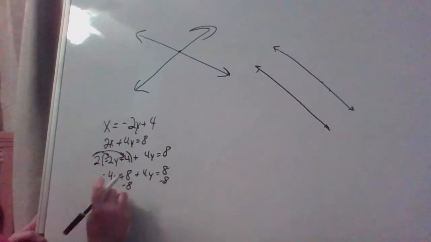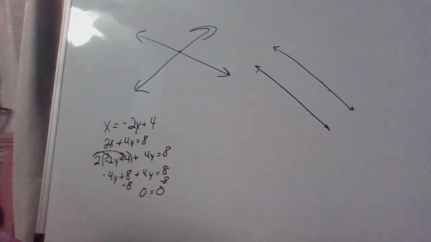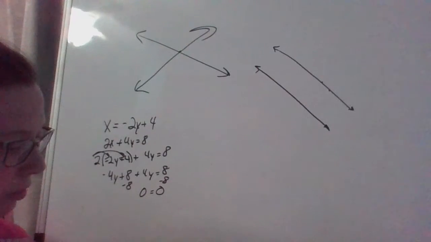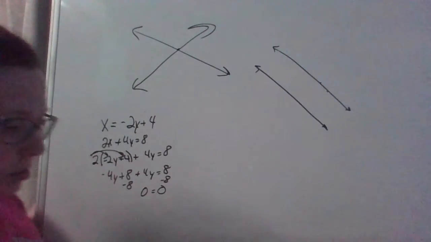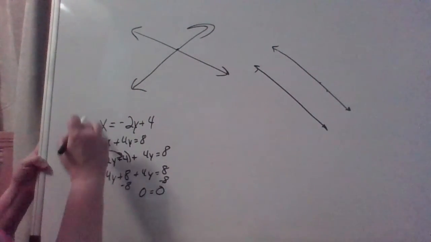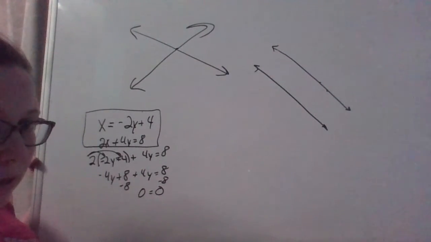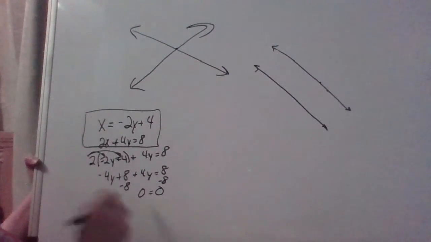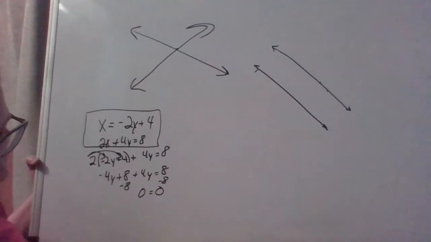Combine our y's, and we get 0 equals 0. 0 equals 0 is true, isn't it? 0 does equal 0. So that means that this system of equations here has an infinite number of solutions. Because we came up with a true statement, that means this has an infinite number of solutions.